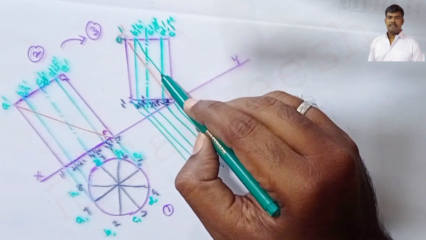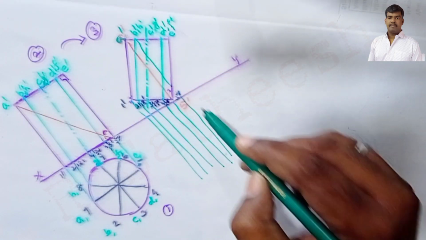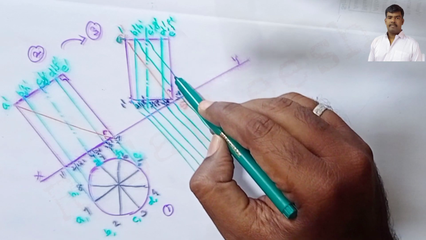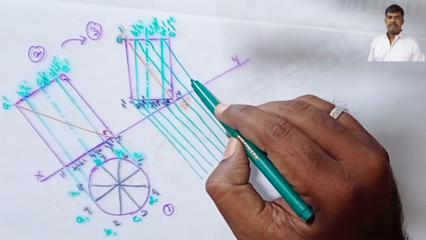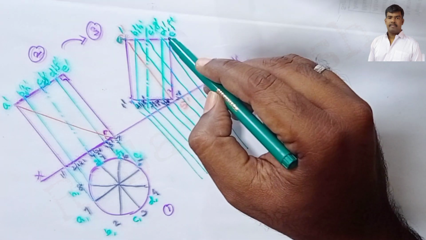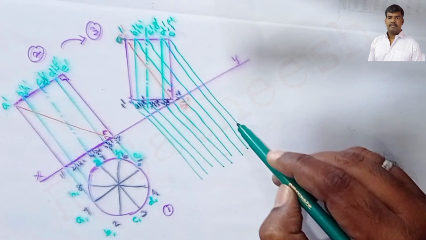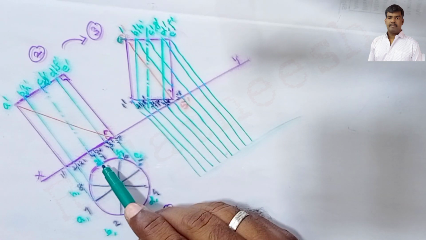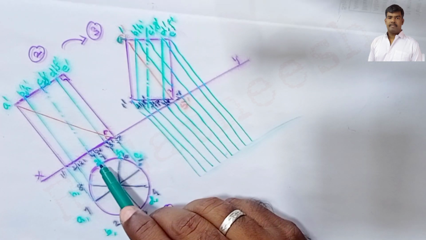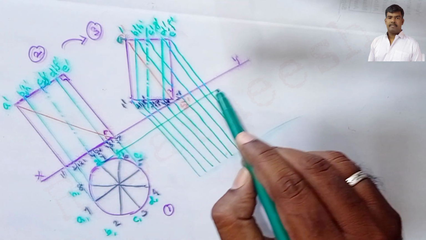So next B comma H, C comma G, D and F and E. Clear? Right? Next here 7 and G projection lines.